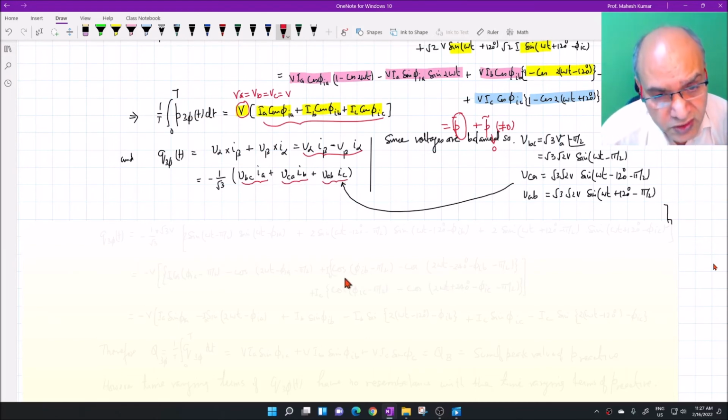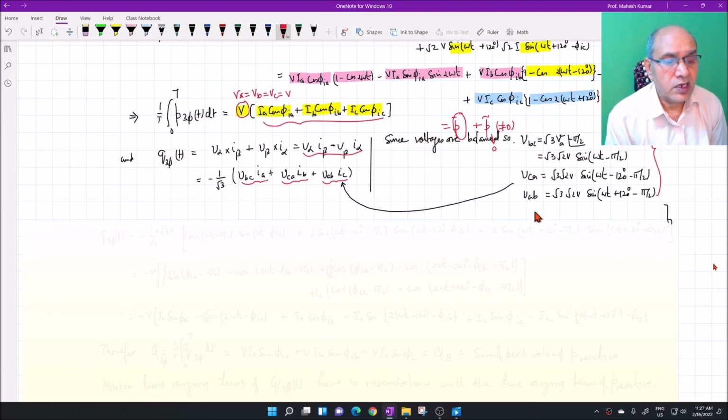And now, since we have a three-phase balanced system, we can simplify this using these terms. That is, we can express VBC in terms of VA, VCA in terms of this voltage, and VAB in terms of this voltage.